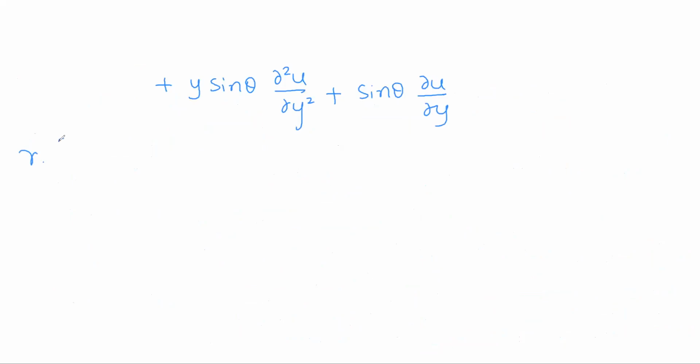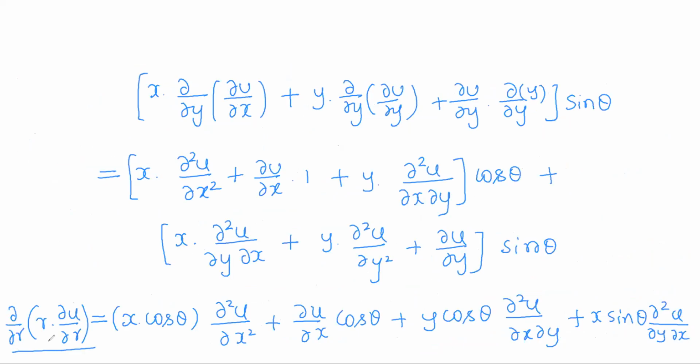So r into dou by dou r of r into dou u by dou r. So already we have this, just multiply r to this on both sides. So on the right hand side, if I multiply r, there are many terms, so multiply r to each of the terms.